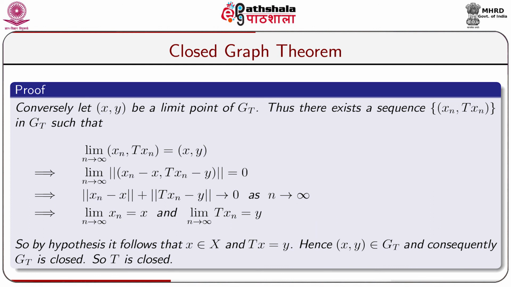Conversely, let (x, y) be a limit point of G_T, that means (x, y) is taken from closure of G_T.